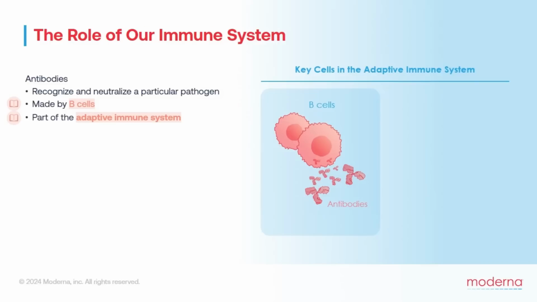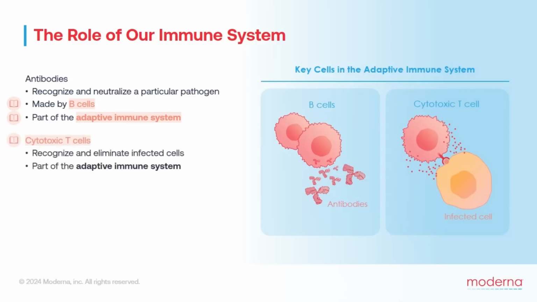The adaptive immune system is what vaccinations tap into to protect us from getting sick or severely ill from a specific pathogen like SARS-CoV-2. The other key cell type in the adaptive immune system are T cells. A type of T cell called cytotoxic T cells recognize and eliminate any cells in our body that have been infected by a pathogen, thus preventing those infected cells from making more of that pathogen.